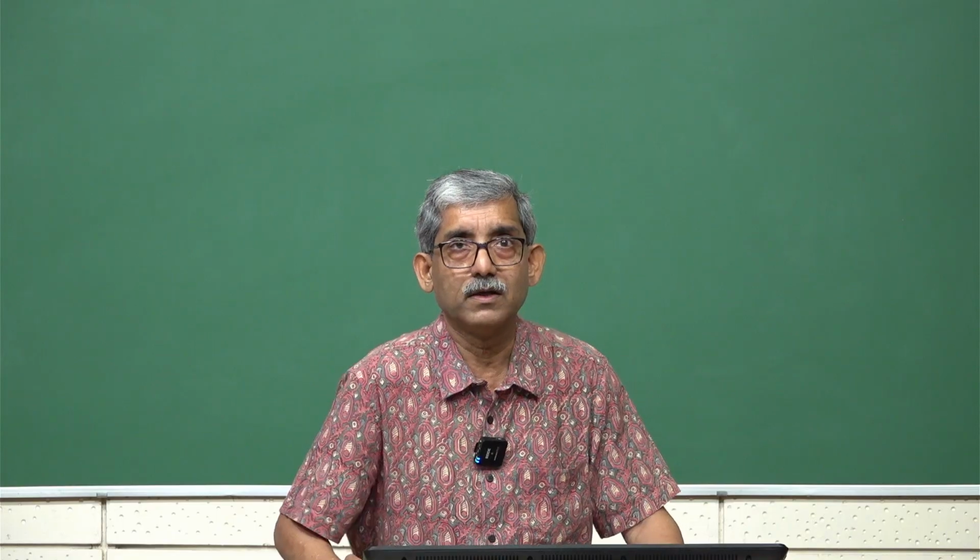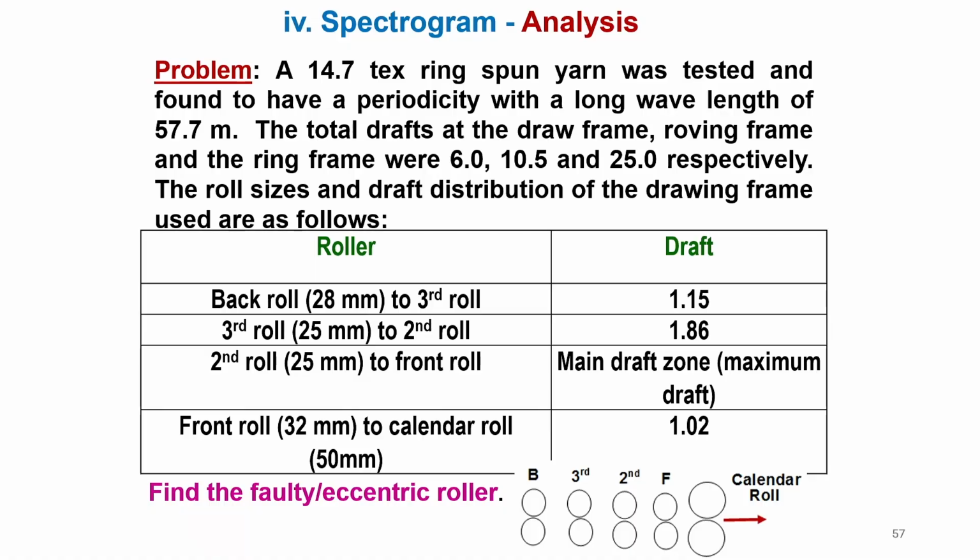Now, this is one example here. A 14.7 tex ring spun yarn was tested, and the yarn was found to have a periodic fault with a periodicity length of 57.7 meter.